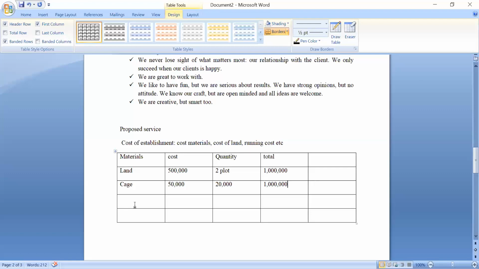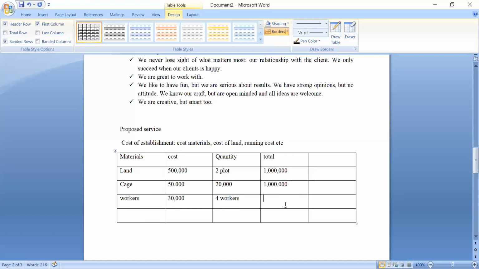So you have your running cost, maybe 5 workers. Let's say workers. Let's say you are paying them 30,000 naira. And you have 4 of them, 4 workers.